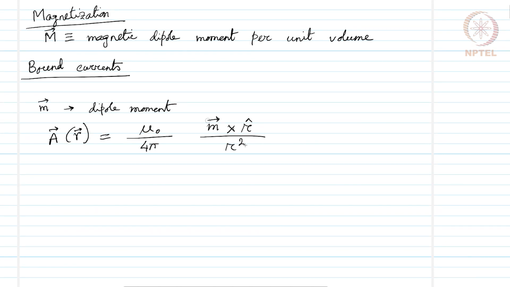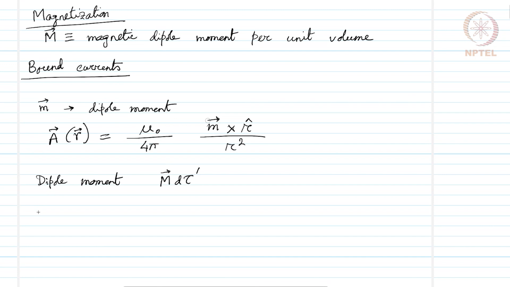And if we have a magnetized object, each volume element d tau prime will carry a dipole moment M d tau prime. So the dipole moment from the magnetized object would be this much for d tau prime volume element.